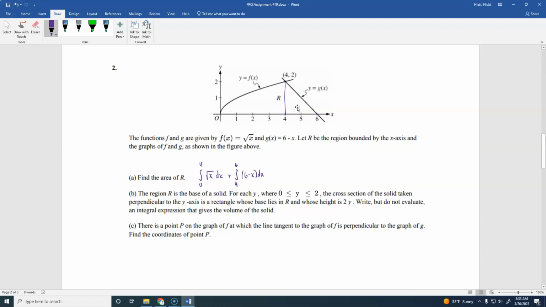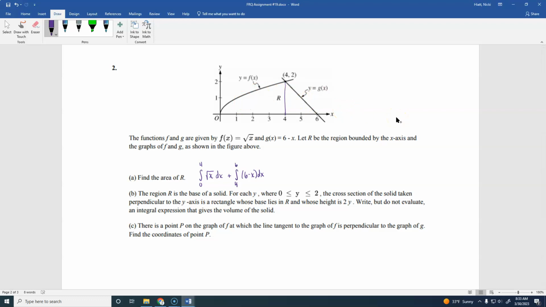So this is a pretty straightforward way to do it. It's not going to be terribly difficult. But the other option, if you want to write this as one integral, is to do it in terms of y.